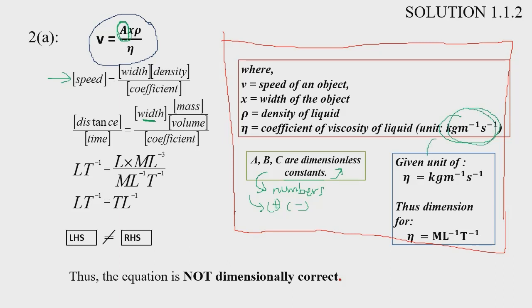So from here you can actually reverse. From unit you change it into dimension form. So kg is mass. Meter here is length. Second here is time. So you reverse it so you get the dimension here. So you can put all the symbols for dimension for each physical quantity that you have expanded here. Therefore, you get up to this point.